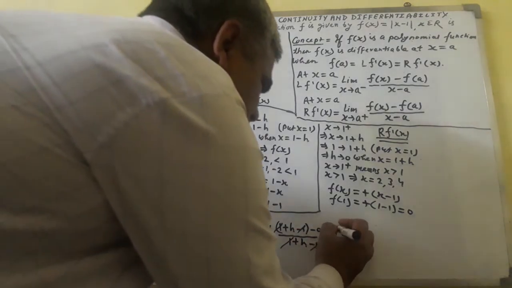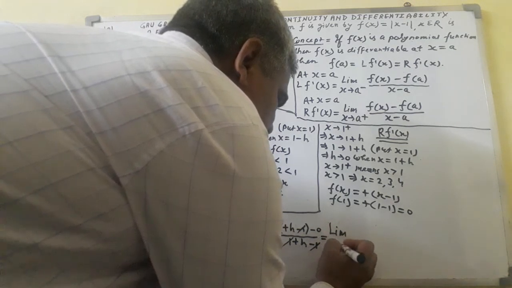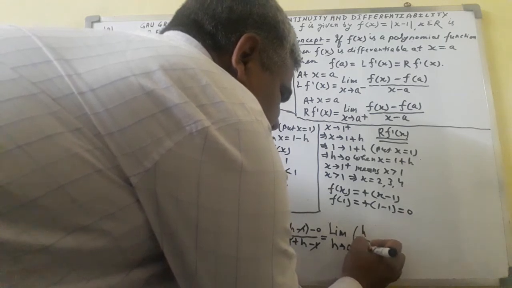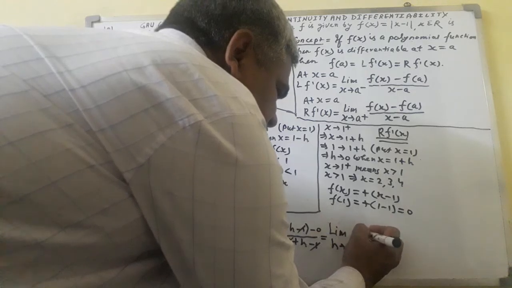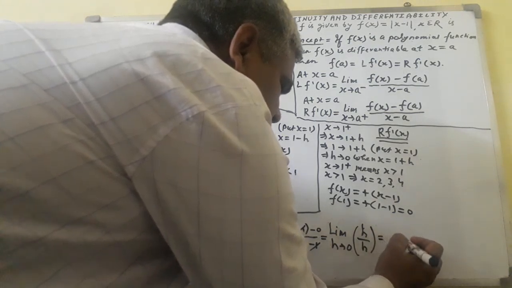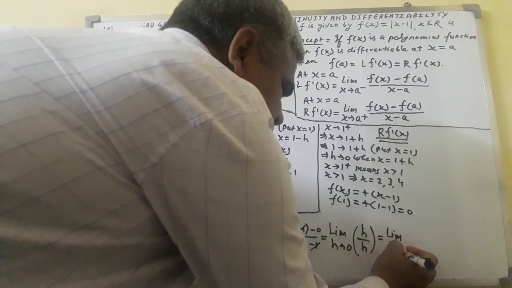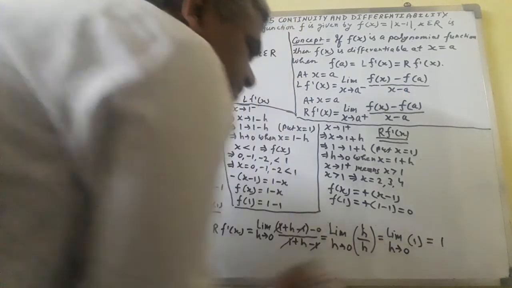So here we have got lim h tends to 0, h over h, comes out to here lim h tends to 0, 1 comes out to here 1.